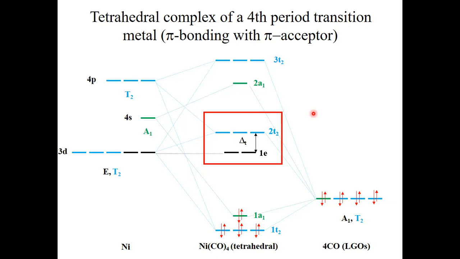So this is the typical situation that you have in a carbonyl ligand. Carbonyl is a typical pi acceptor in metal carbonyls. Pi acceptor means accepting electrons from the metal to the ligand.